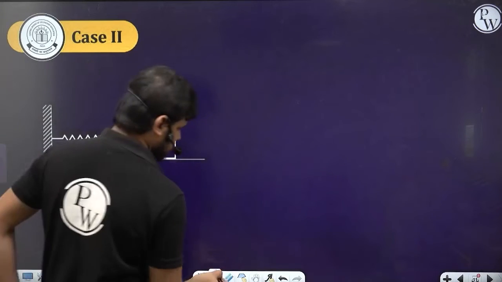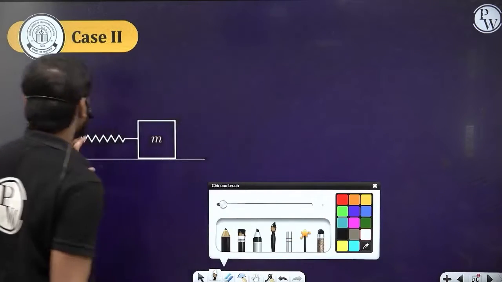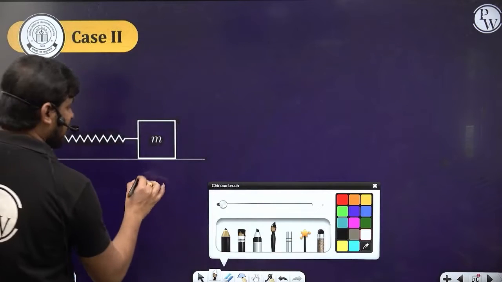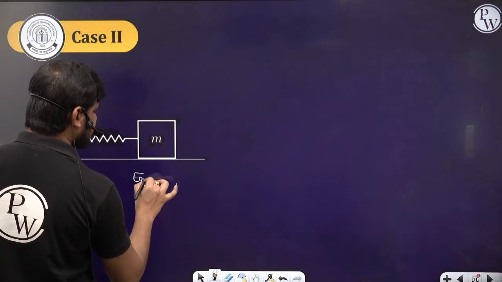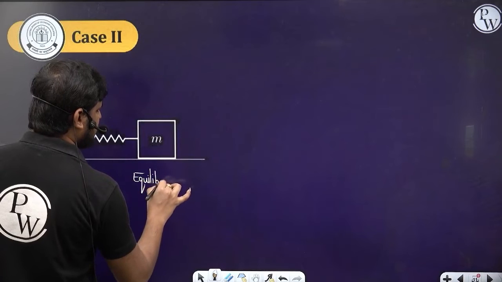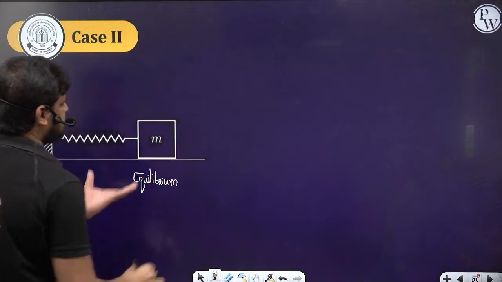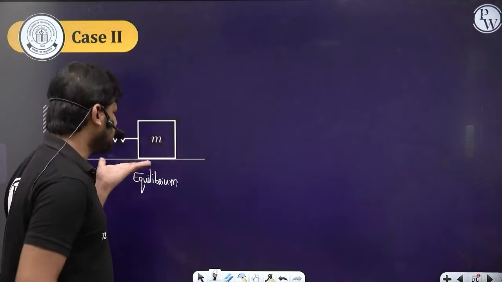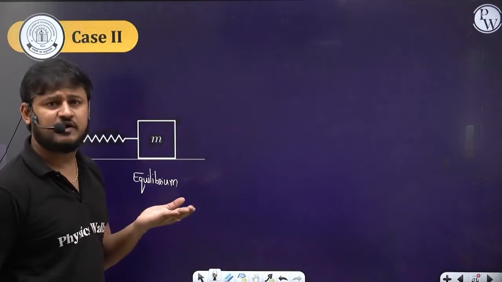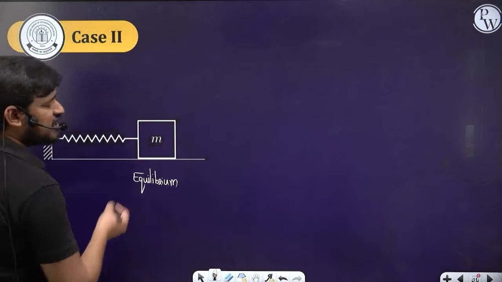If it is on the horizontal surface, then it is already in equilibrium position, because it is supported by the ground or some platform, whatever it is.